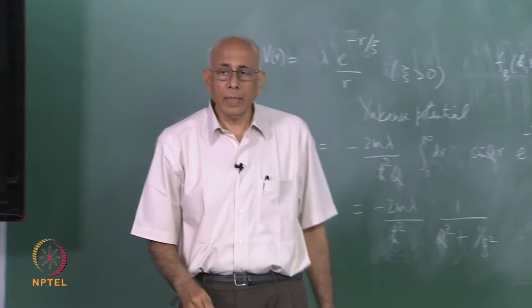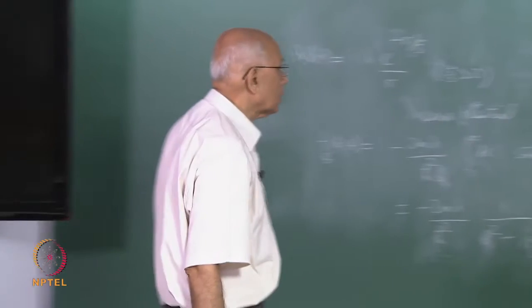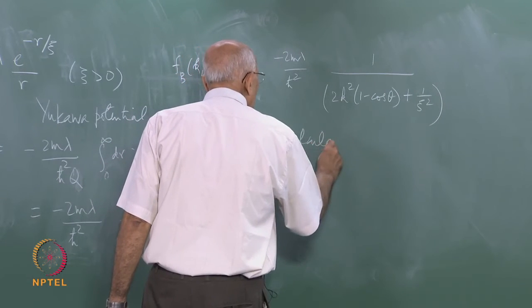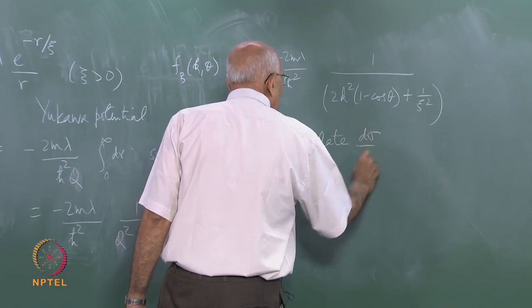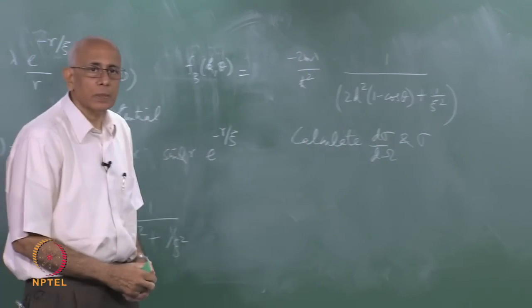That gives you the exact dependence in the Born approximation on the angle, as well as the energy, as well as little k. So calculate d sigma d omega and sigma total from this.